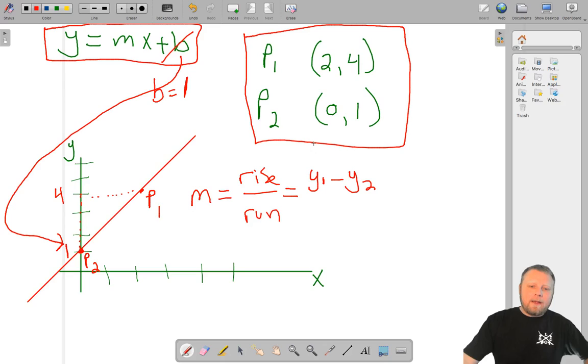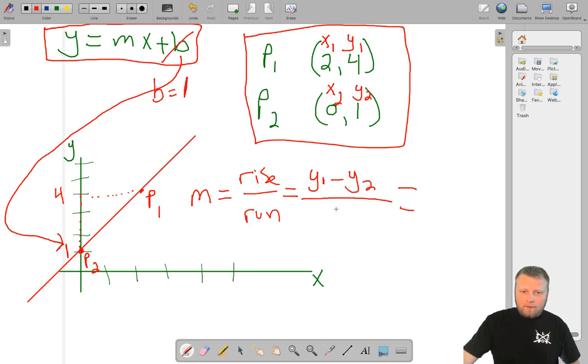P1 has a value of x1, and y1. And point 2 has x2, which I chose to be 0, and a y2, right? So our y1 minus y2, see that 4 minus 1? See over here the picture? If we're up 4 and we subtract that 1, we get the difference, which is the distance. We rose that difference, right?